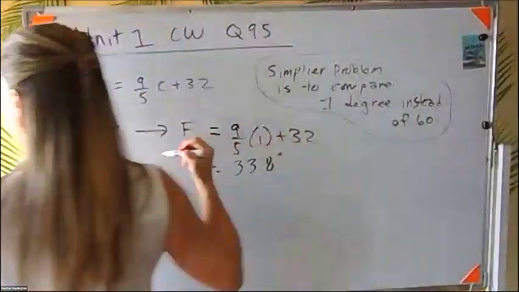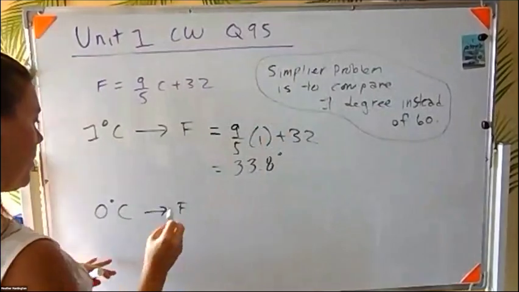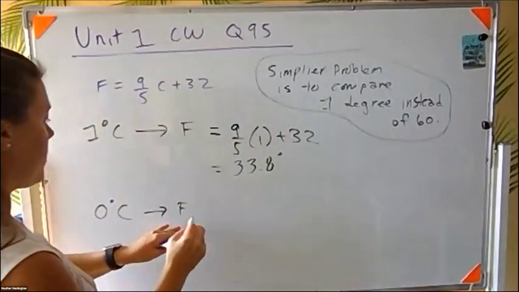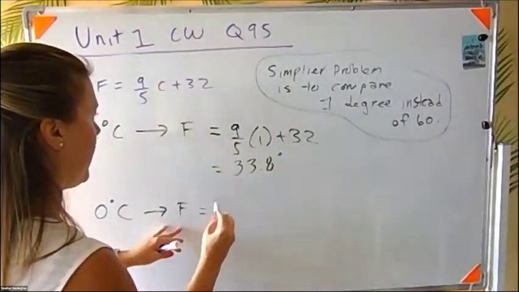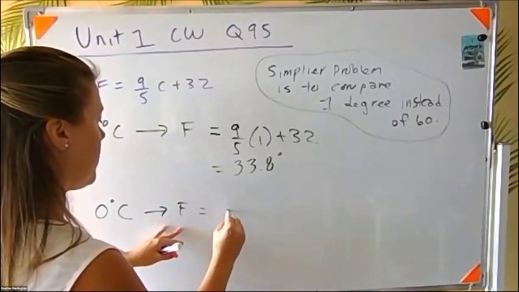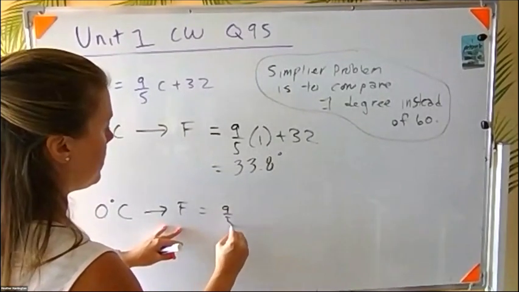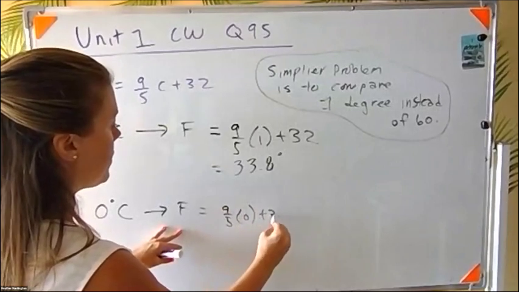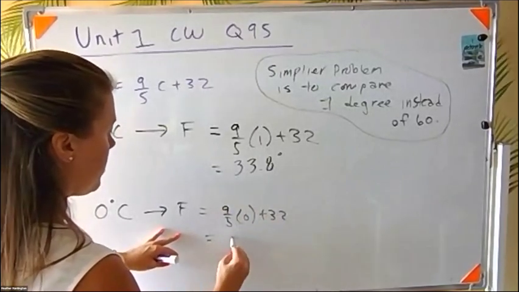It's part of the problem solving steps. So a drop in 1 degree Celsius is going to be the same as 30. So it's 9/5 times 0 plus 32, which equals 32.